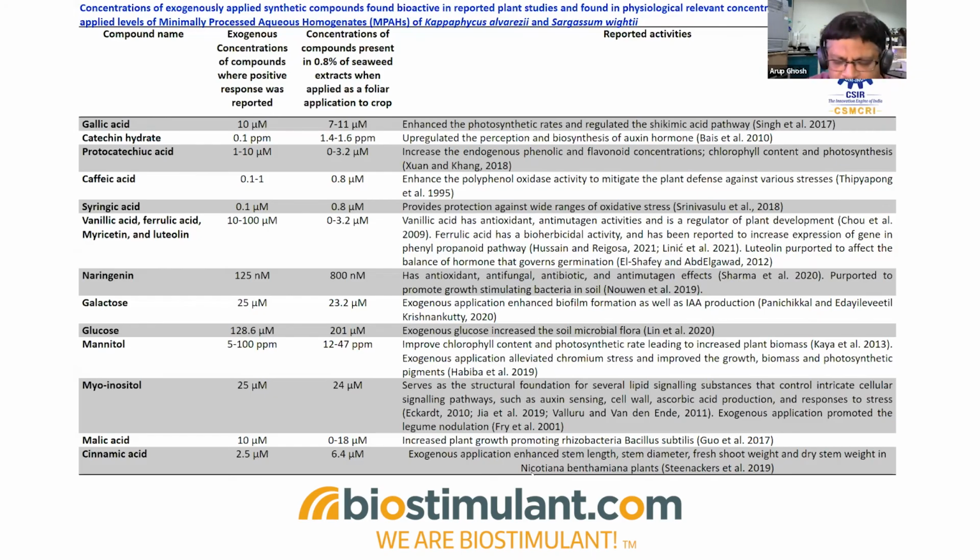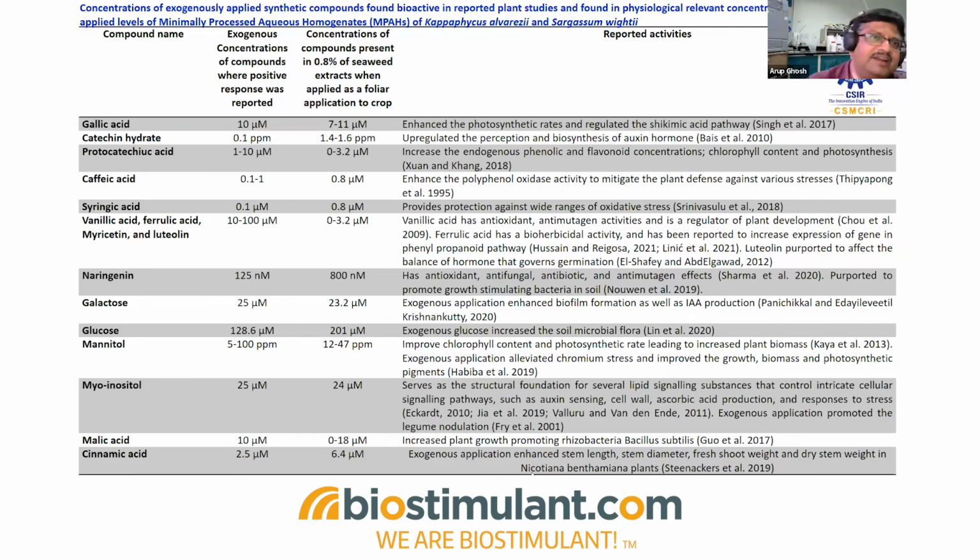We used a combination of brown and red seaweed, at the applied concentration at foliar level, a concentration which has been tried elsewhere in the literature, wherein they used exogenous isolated synthetic compounds and found good results. So this is the table about that.